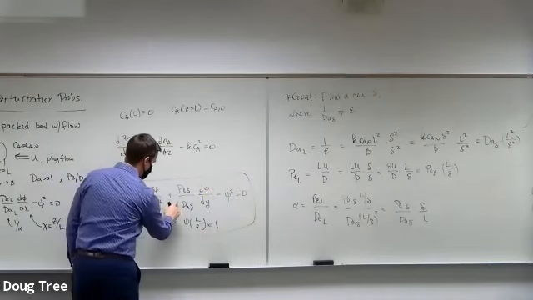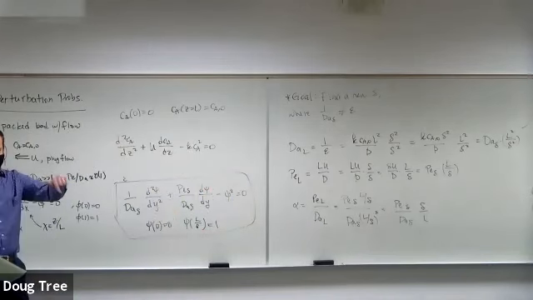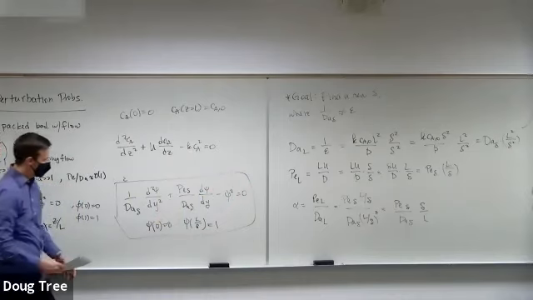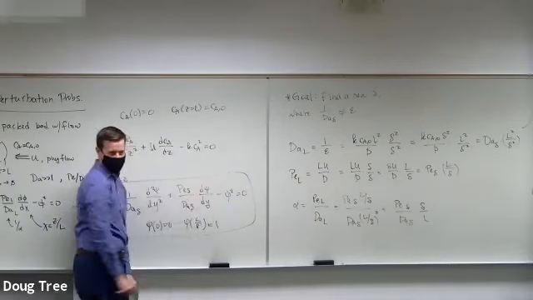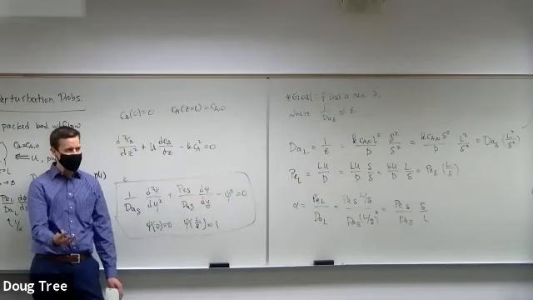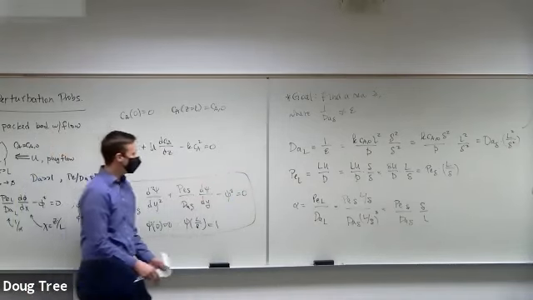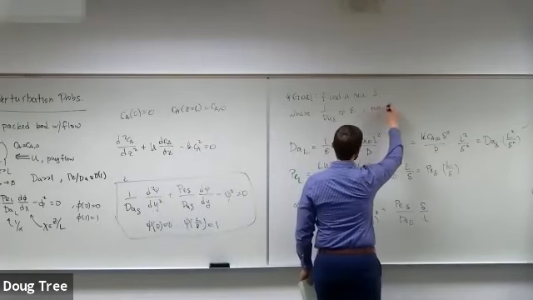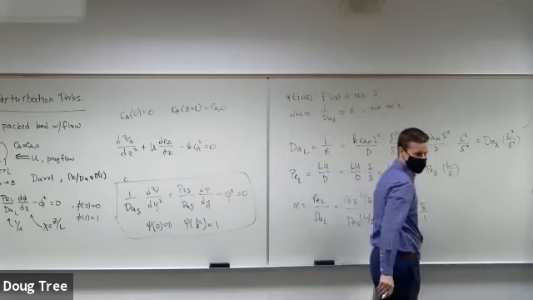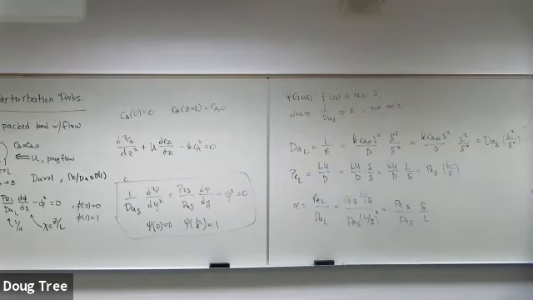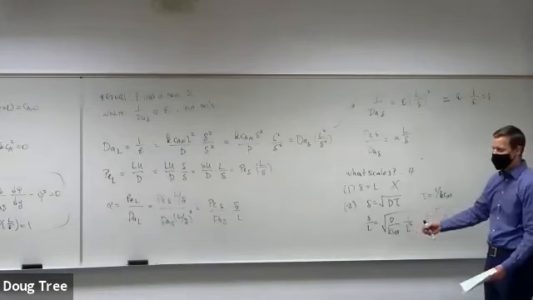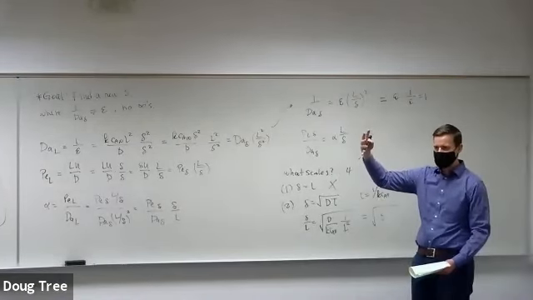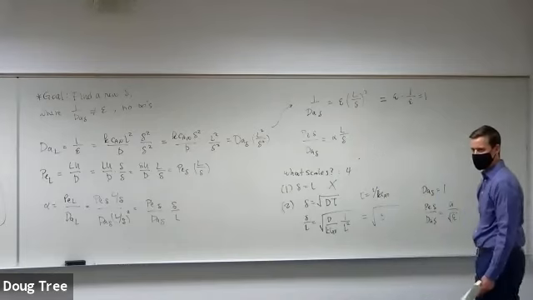If I put 1 over square root of epsilon in there, when epsilon goes to 0, this term is going to go to infinity. So that can't be the right choice, right? It took care of this, but I also have to have no infinities, or else I have a problem. So this can't be the right length scale. It makes the convection term go to infinity. That make sense?